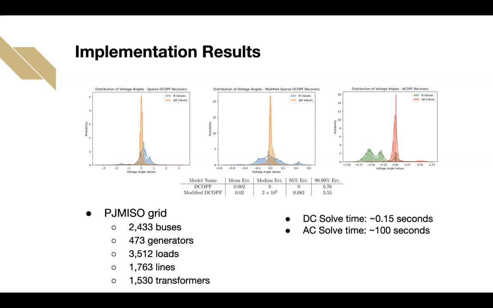They're offset a little bit, which is interesting. I'm not 100% sure why, but it's probably due to the nonlinearity in the original system of equations. We can also see the DC optimal power flow time is orders of magnitude faster to solve than the AC optimal power flow time. This is again because it's linear and convex versus nonlinear.